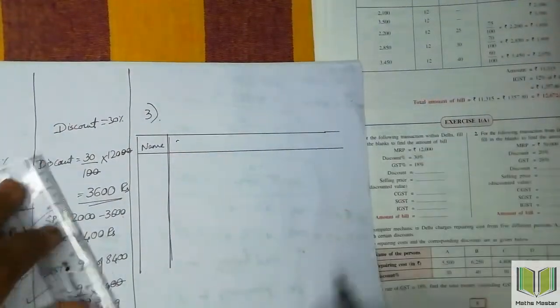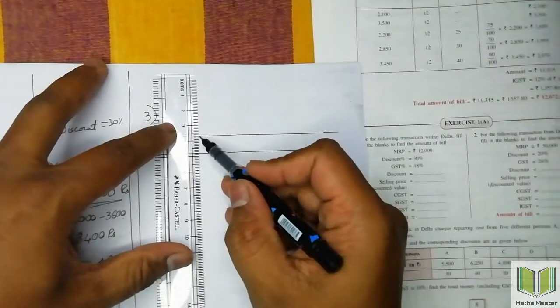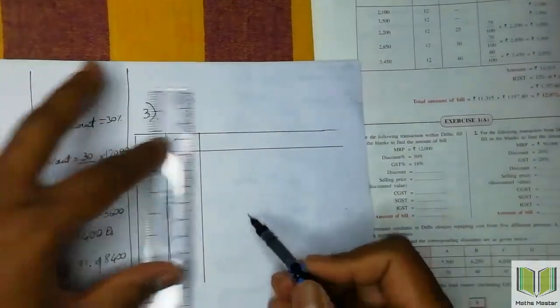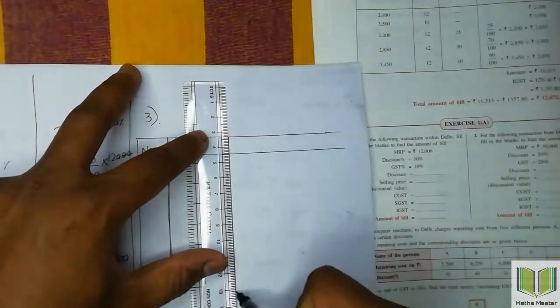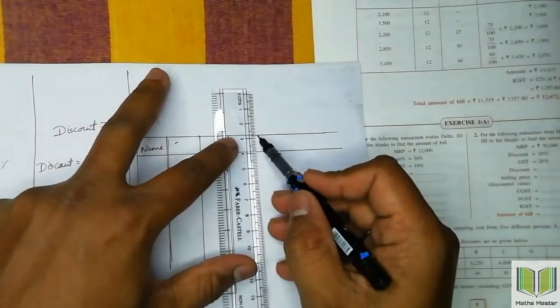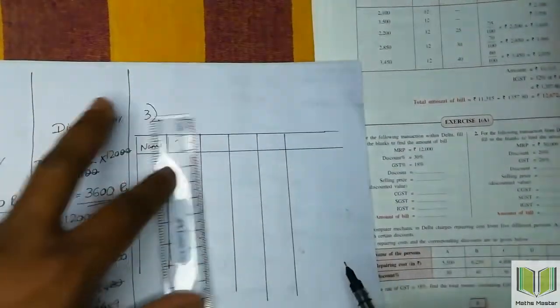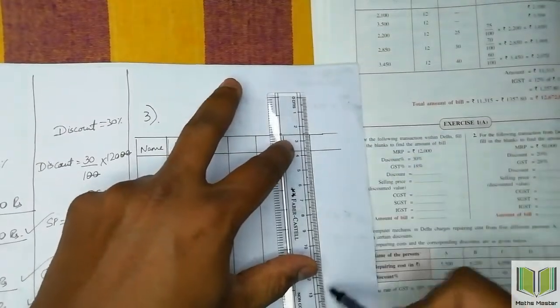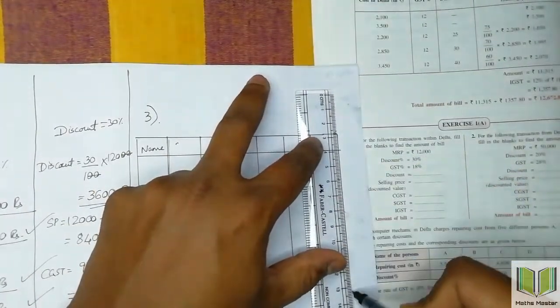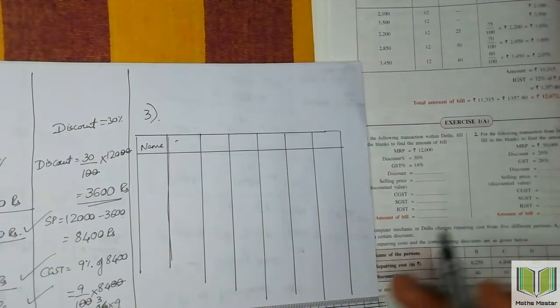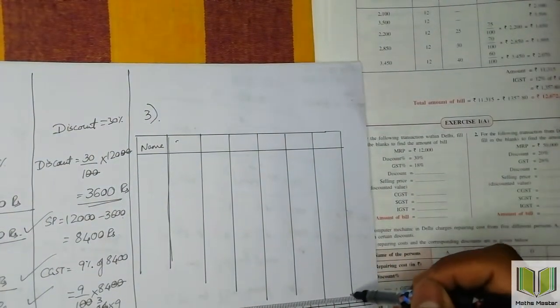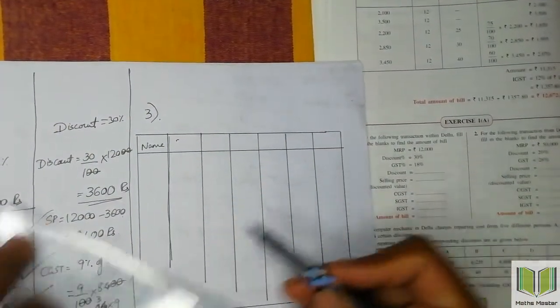Now, name, repairing cost, discount, value, selling price, CGST, SGST. Yeah, this is pretty much it. You can have these many columns.